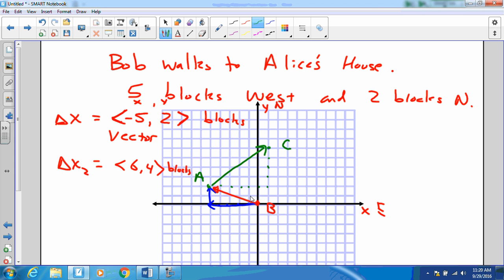And the same thing is true here. If he walks over and then up along the black path, then his distance would be 10. But along the green path, his distance would be the square root of 36 plus 16.